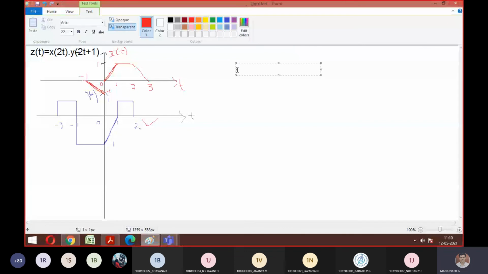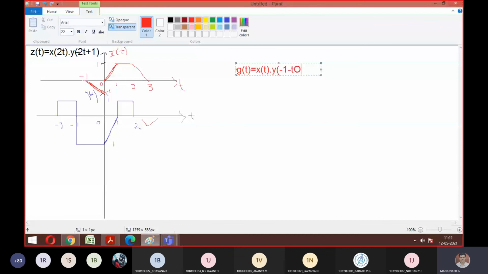They may ask you to find g of t equals x of t into y of -1 minus t. So I hope there is a slight change in this problem now.